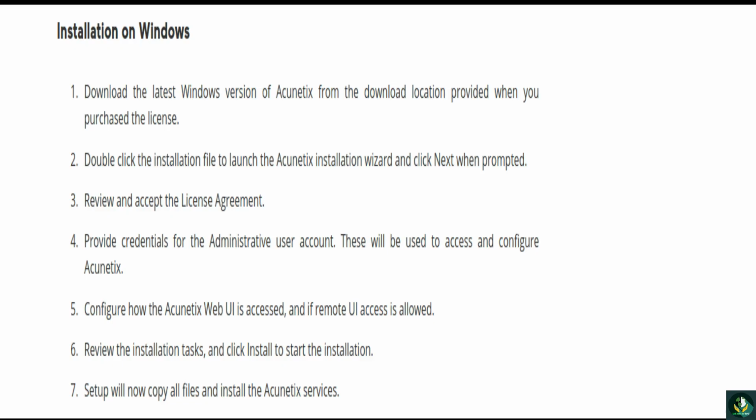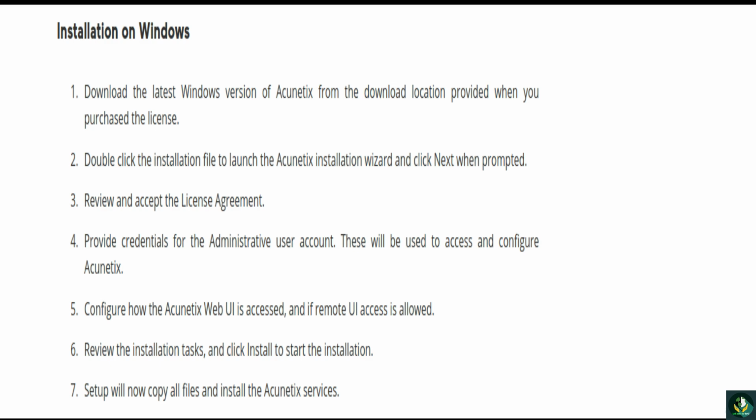Double click the installation file to launch the Acunetix installation wizard and click next when prompted. Review and accept the license agreement. Provide credentials for the administrative user account. These will be used to access and configure Acunetix. Configure how the Acunetix web UI is accessed and if remote UI access is allowed.